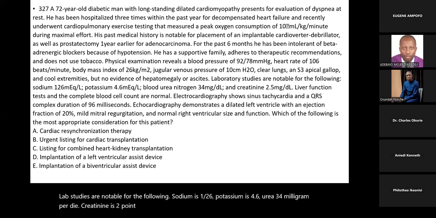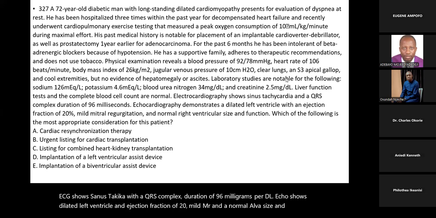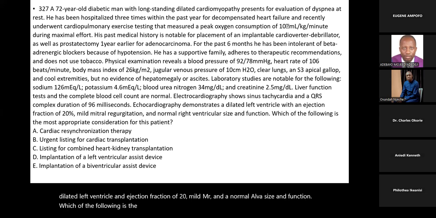Liver function test and complete blood counts are normal. ECG shows sinus tachycardia with a QRS complex duration of 96 milliseconds. Echo shows dilated left ventricle with an ejection fraction of 20, mild MR, and a normal RV size and function. Which of the following is the most appropriate consideration for this patient?